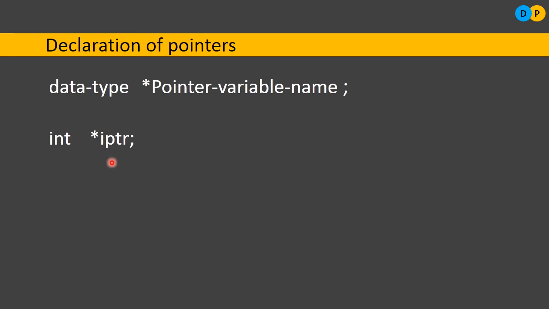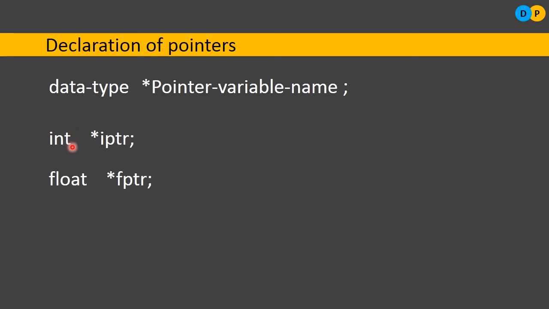So with the asterisk symbol, we can differentiate whether it is an ordinary variable or a pointer variable. Here iptr is a pointer variable. Pointing to which type of data? It is pointing to an integer variable. Nothing but the iptr pointer variable will be holding the address of an integer variable. That is the meaning here.